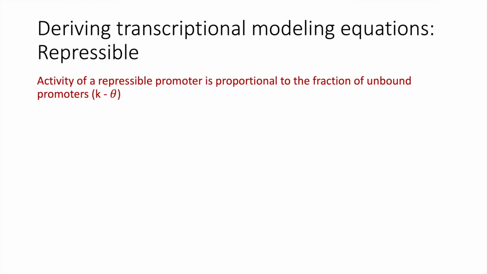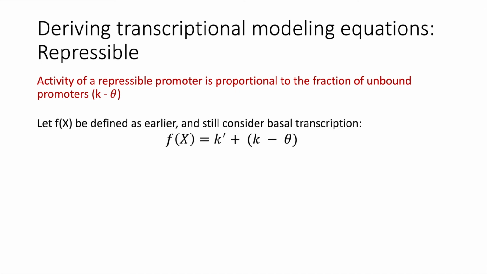So now we're going to talk about repressible promoters. So the activity of a repressible promoter is proportional to the fraction of unbound promoters, or k minus theta, because remember, theta is just the fraction of bound promoters scaled by k. So we're essentially doing k times the unbound fraction. So let f(x) be defined as we did earlier, and we're still going to consider basal transcription.